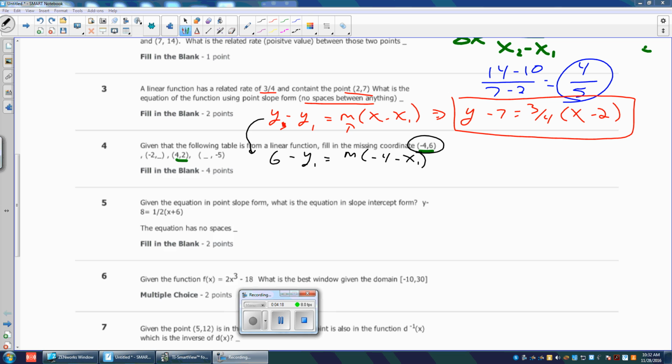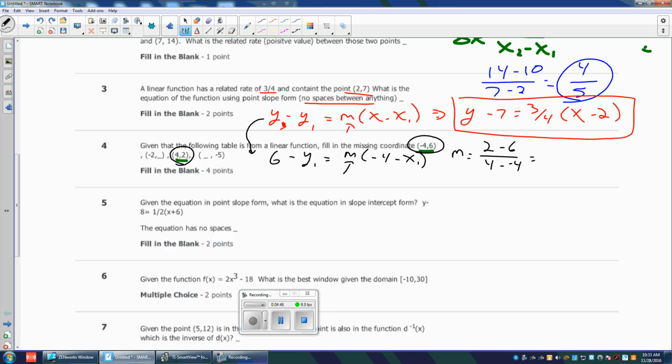I know it looks a lot different than the one up front. We have to find the slope. I already plugged in one of the points. So here, if we find the slope, we find the slope between the 2 points, 4, 2 and -4, 6. So y2 is 2 and y1 is 6. x2 is 4 and x1 is -4.